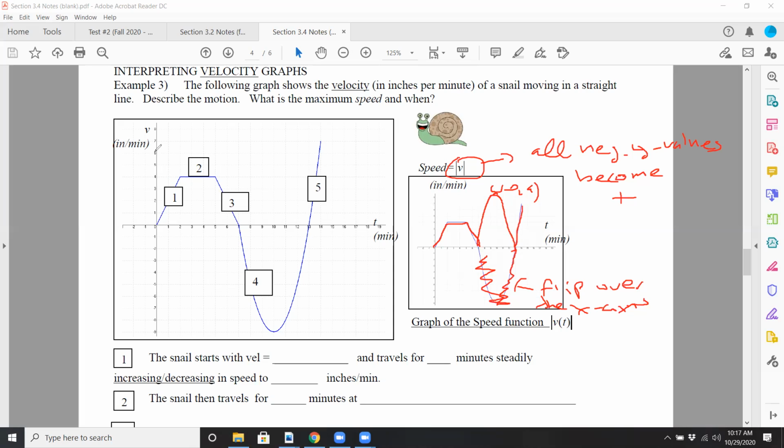Now, describing the motion, well, obviously the snail looks like it's probably accelerating over here. Seems like the speed stays constant at this interval, then it's decelerating, not turning around just yet, but it's decelerating over here.